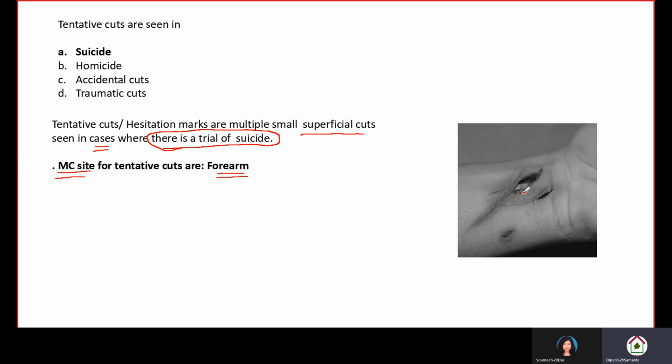That's the point. That's why he will try first. He will give small multiple cuts. So these are tentative cuts or hesitation cuts. If there are tentative cuts, the whole situation will go more towards a suicide case, not homicide, or obviously not accident.